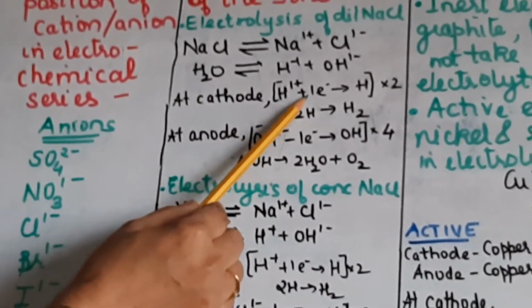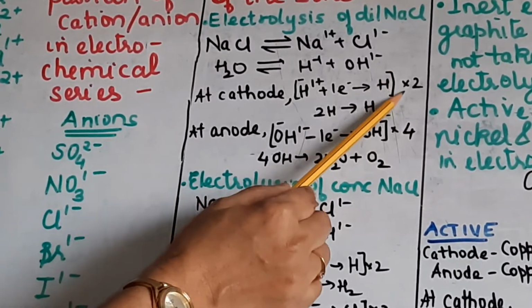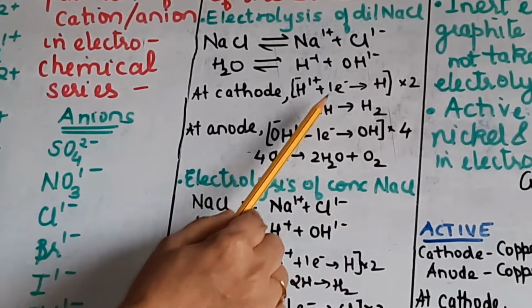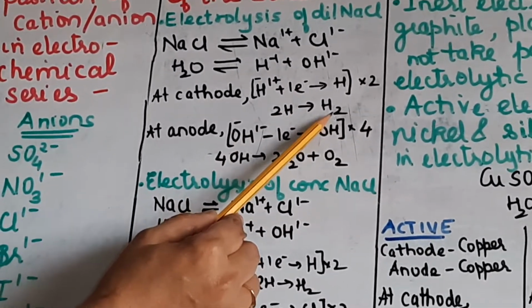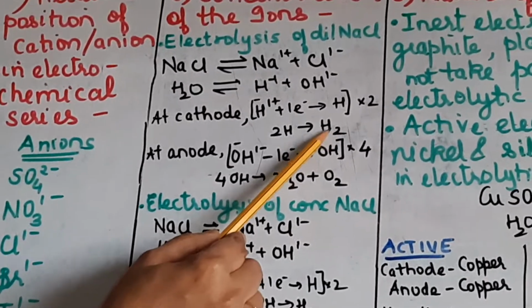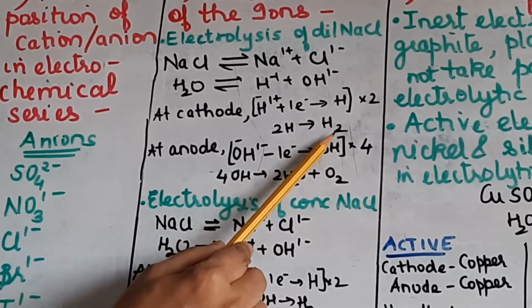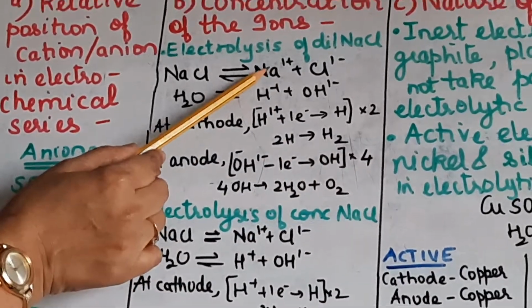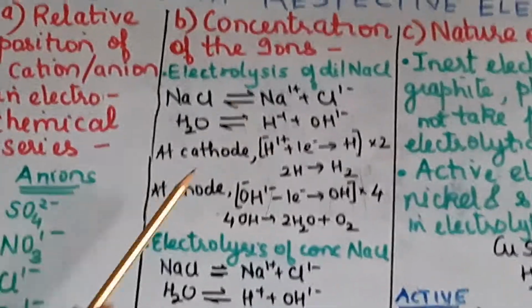So it will gain an electron and form H. Now it has to form a hydrogen molecule, so you just multiply this by 2. So two hydrogen atoms will form a hydrogen molecule. So neutral hydrogen is liberated at the cathode. Is it clear? So the competition is between Na plus and H plus, and the one which will get selectively discharged is the hydrogen.